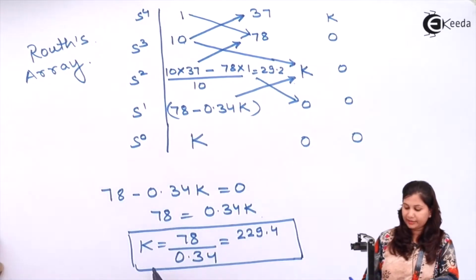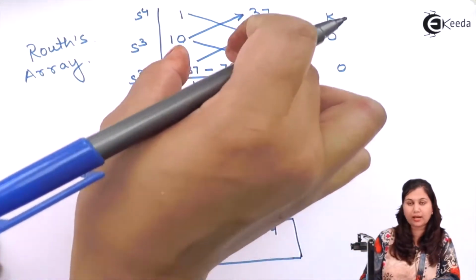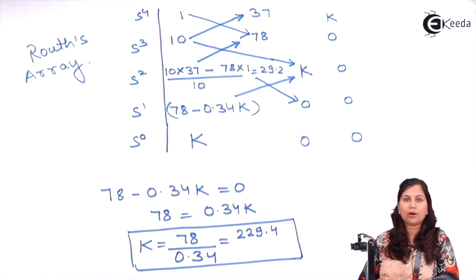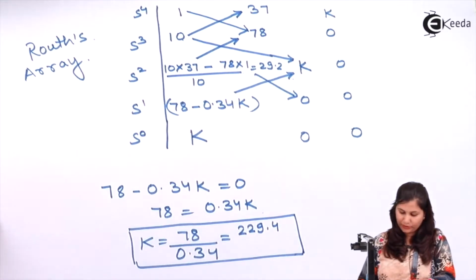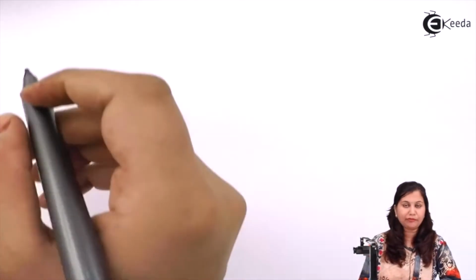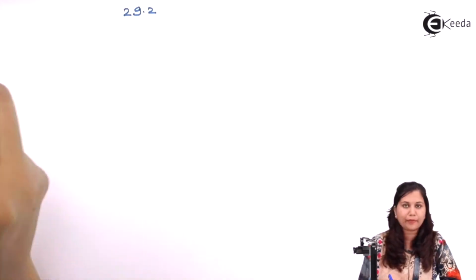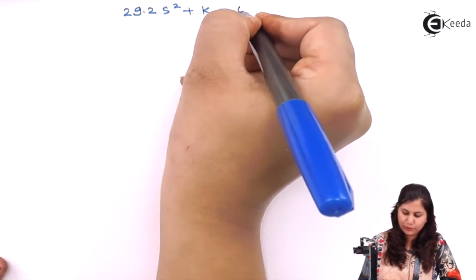Now we will find the subsidiary equation using the coefficients just above this, and we will form the auxiliary equation. The auxiliary equation will be 29.2 s square plus k equals 0.